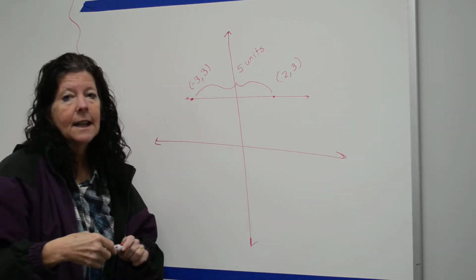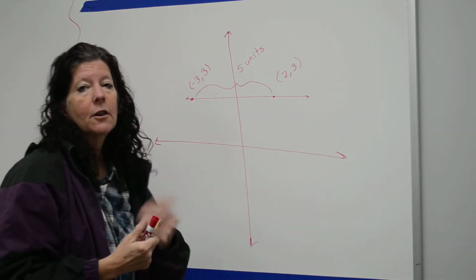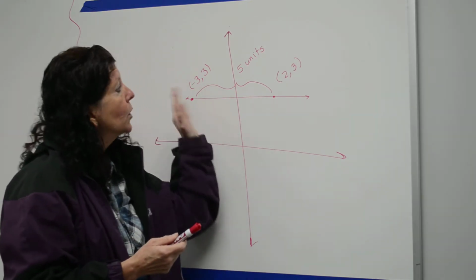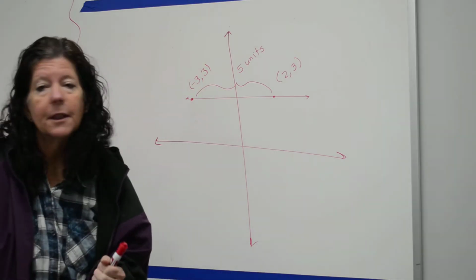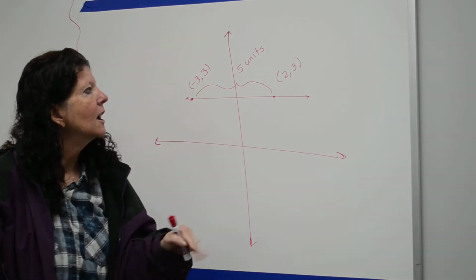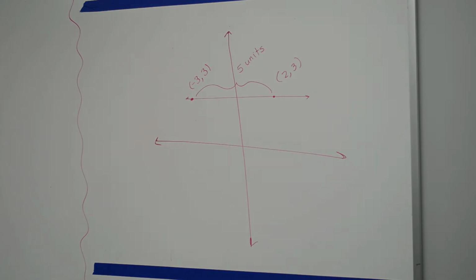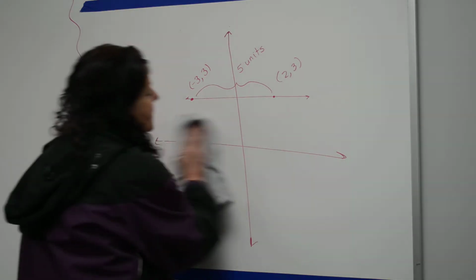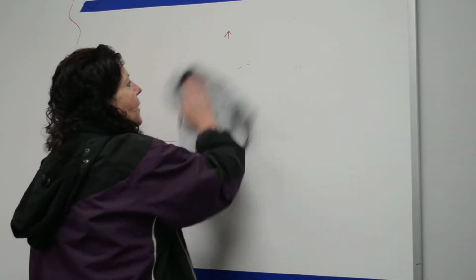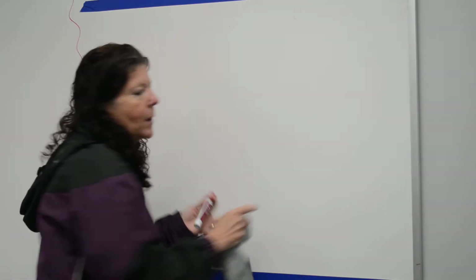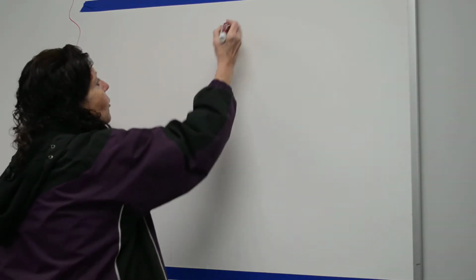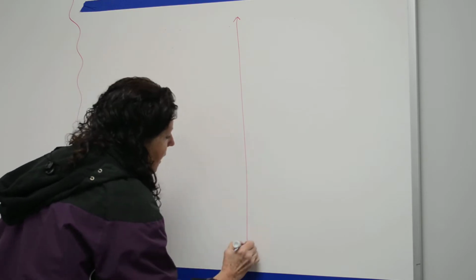That's fine as long as you have a horizontal line or a vertical line where you can just count the units. But the problem is sometimes our lines have a slant to them. So there has to be a way to find the distance between 2 points if they incorporate a slanted line.